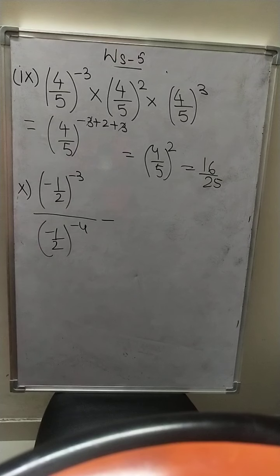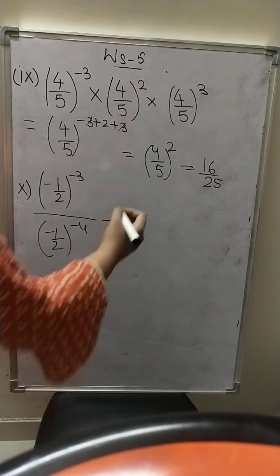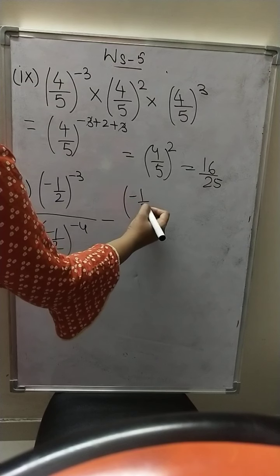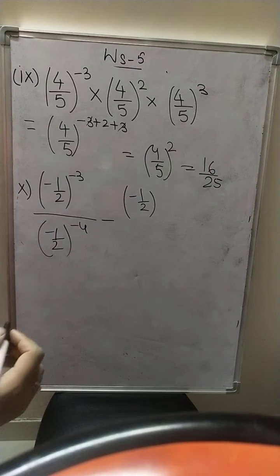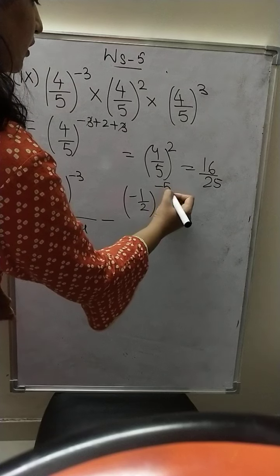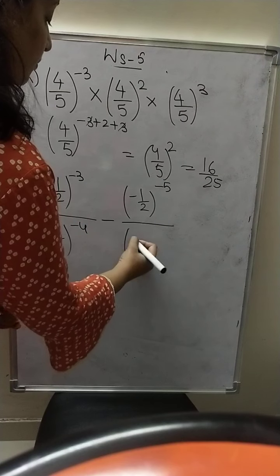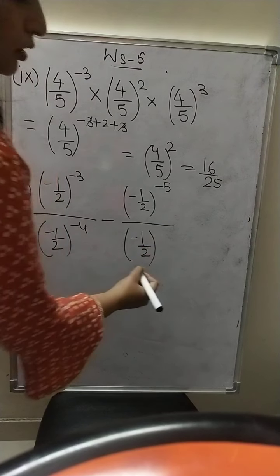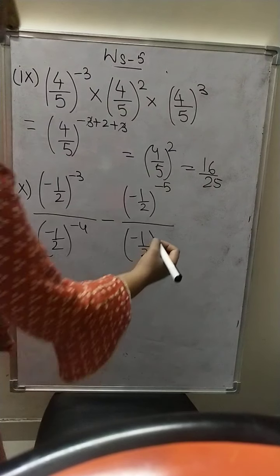Then here is a negative sign. I get (-1/2) raised to the power of minus 5 upon (-1/2) raised to the power of minus 6.